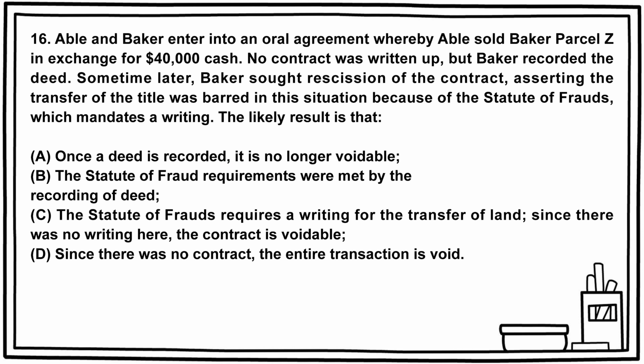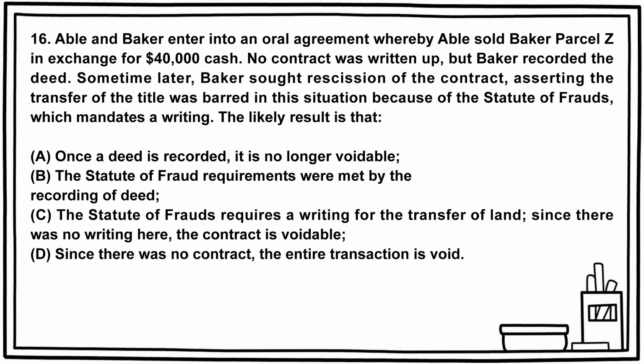Abel and Baker enter into an oral agreement whereby Abel sold Baker Parcel Z in exchange for $40,000 cash. No contract was written up, but Baker recorded the deed. Sometime later, Baker sought rescission of the contract, asserting the transfer of the title was barred in this situation because of the Statute of Frauds, which mandates a writing. The likely result is that A. Once a deed is recorded, it is no longer voidable. B. The Statute of Frauds requirements were met by the recording of the deed.